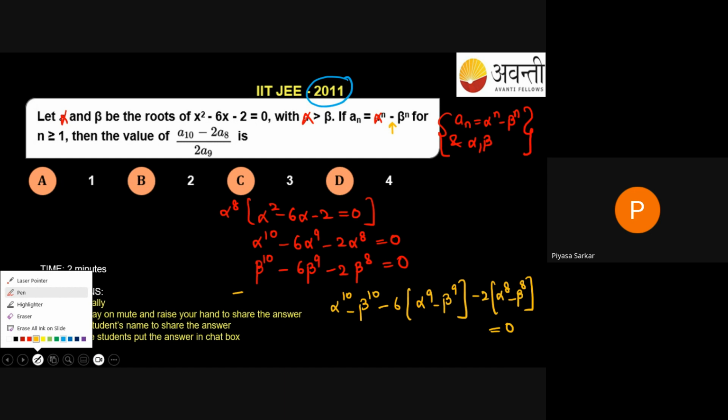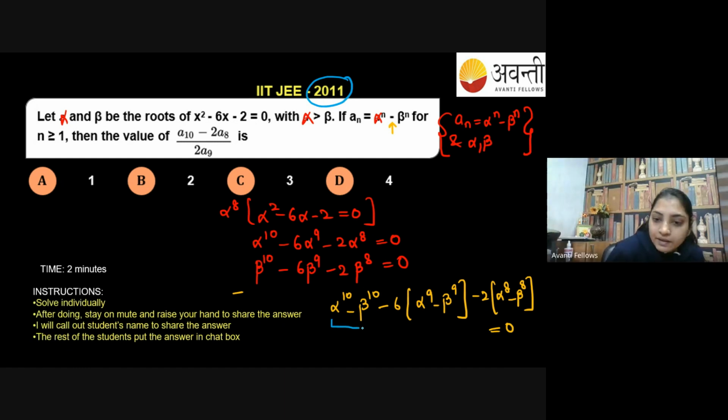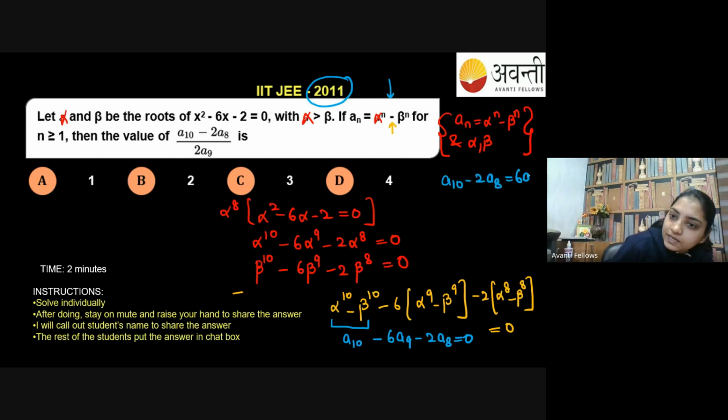Yes, ma'am. So alpha 10 minus beta 10, when you put n equal to 10, it will be A10 minus 6 A9 minus 2 A8 is equal to 0. Right? So A10 minus 2A8 will be 6A9. It means A10 minus 2A8 divided by 2A9 is equal to 3.